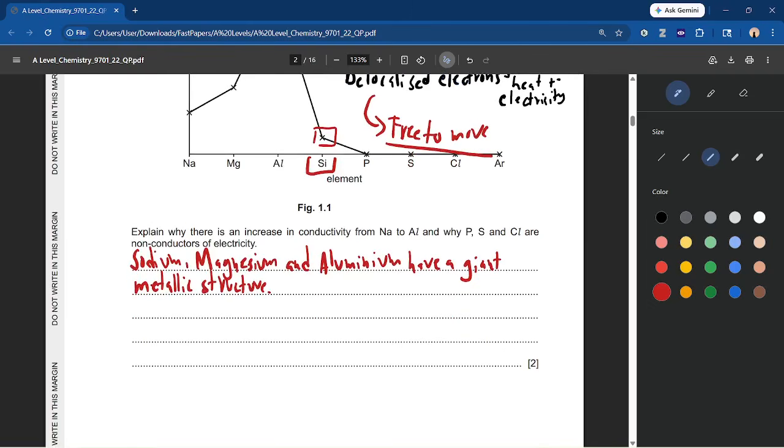So sodium, magnesium, and aluminum have a giant metallic structure. You can give a comma. This means they have delocalized electrons.